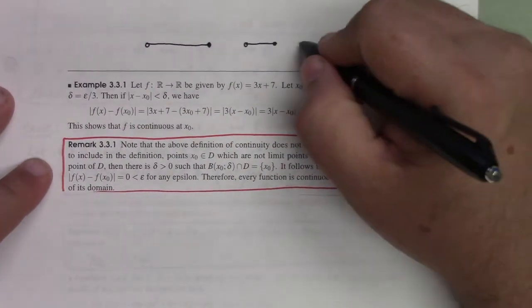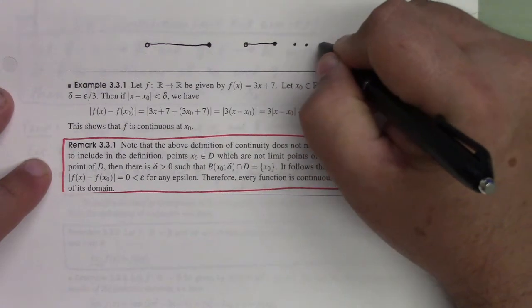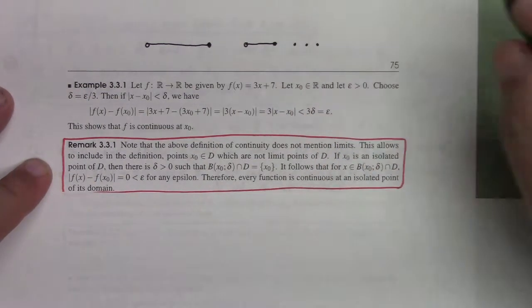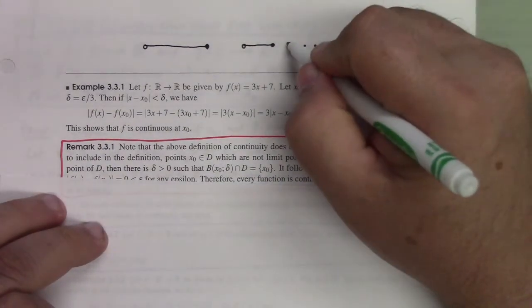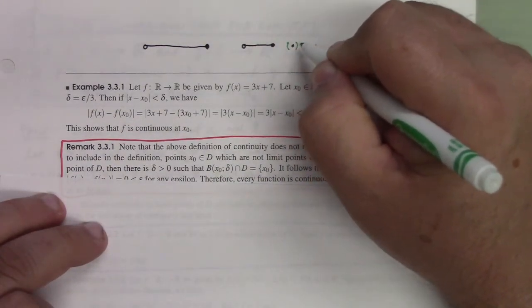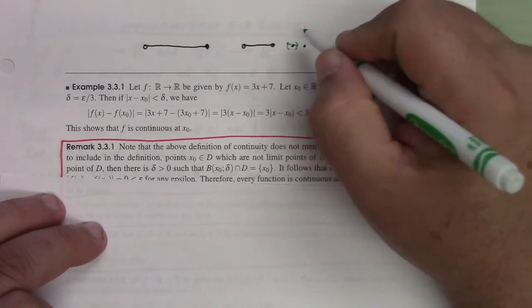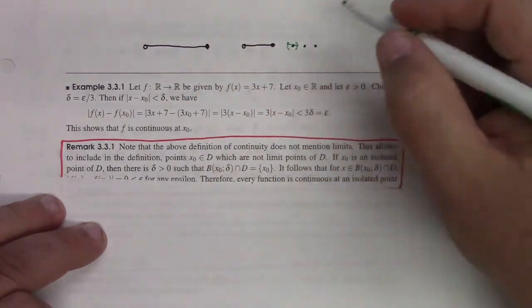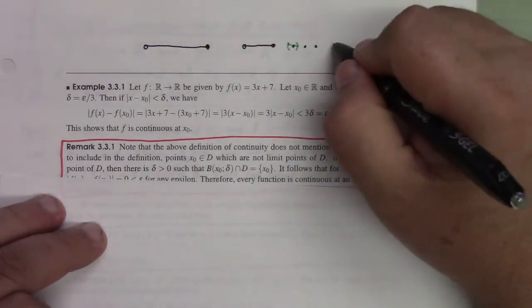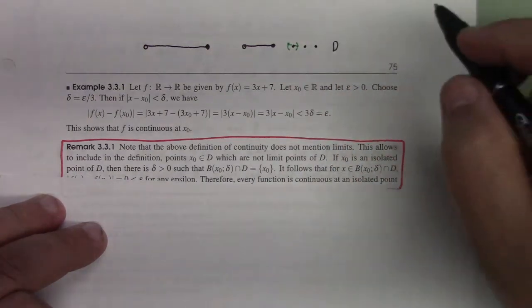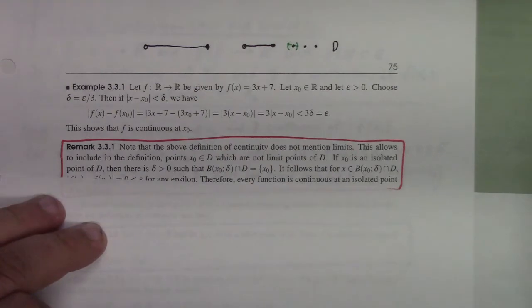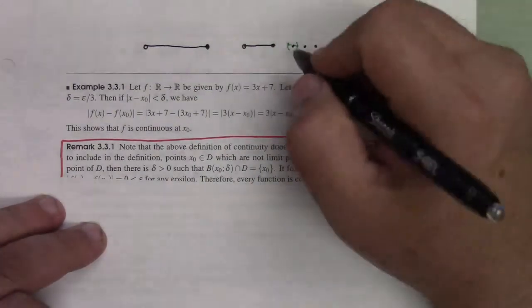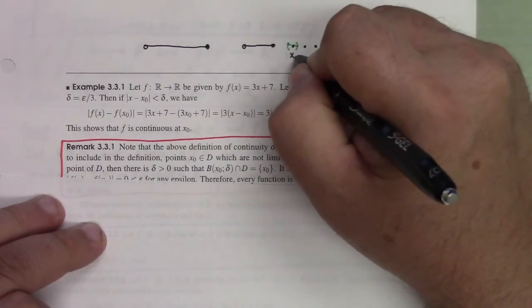But then there are also isolated points, like boop, boop, boop. These would be isolated points because there exists a little open ball around that one such that the intersection of the open ball and the set of points in D, which I've illustrated by the black dots, D intersect with that green, is just the point around which I'm illustrating, x naught.